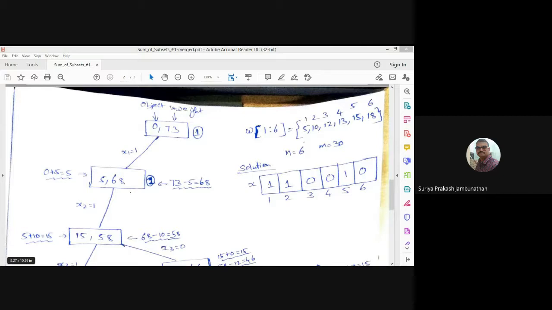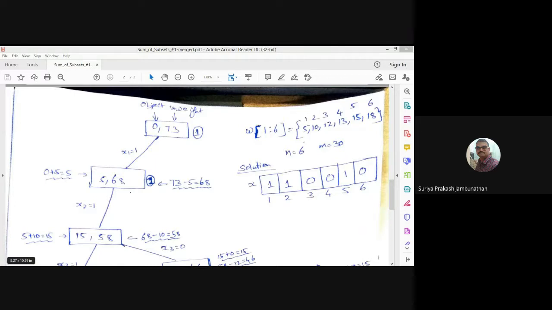The object value is 0 plus 5, that is 5, and the total weight is 73 minus 5, which is 68. That 68 we put in the place of weight.